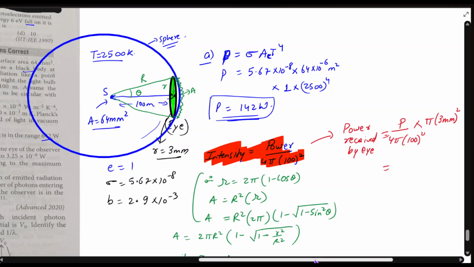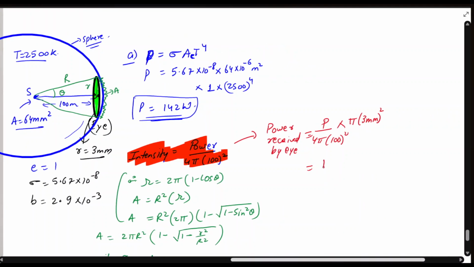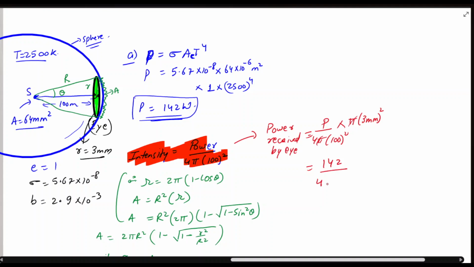Okay, so let's put all those values here. So we will get 142 divided by 4. This pi will get cancelled, right? So it will be 10 raised to power 4 into 3 will be 9 into 10 raised to power minus 6.